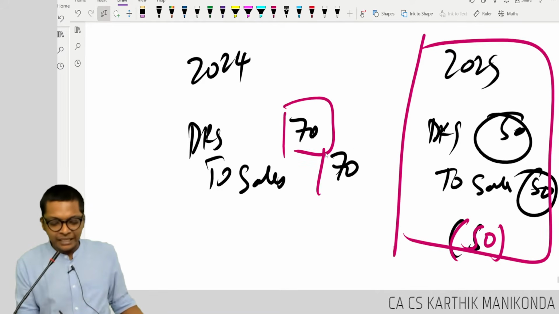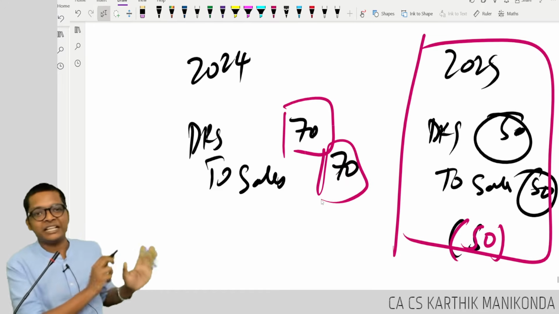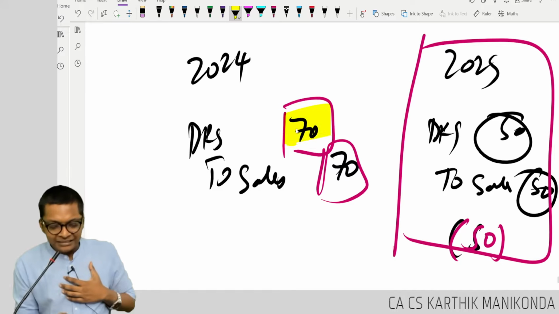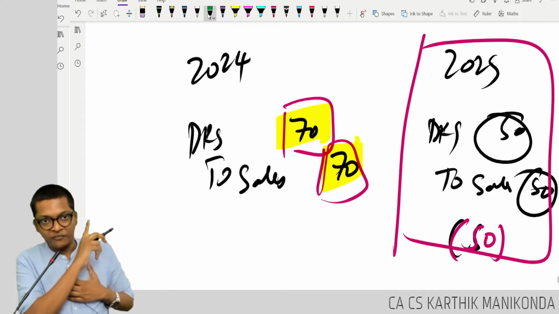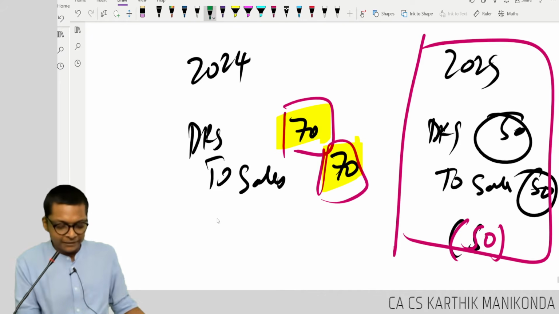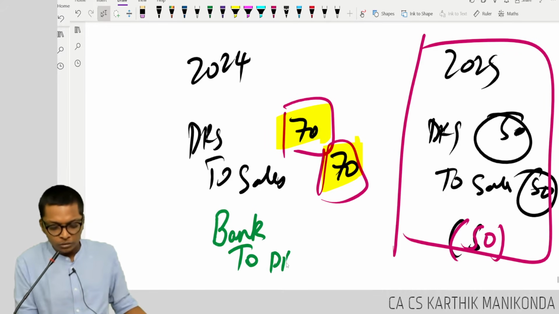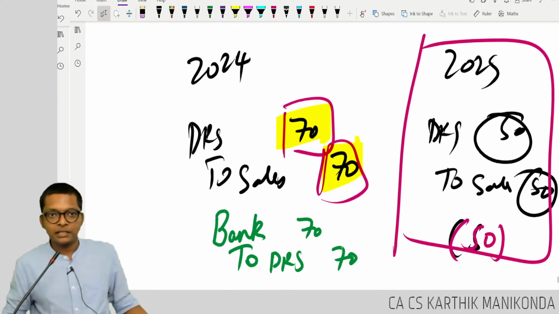This 70 you would have reduced in last year's cash flow. No problem. My adjustment is, the sales of last year is paid in. So my entry will be bank to debtors 70. Correct?